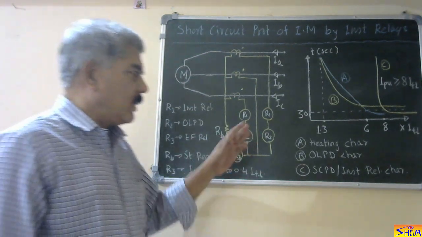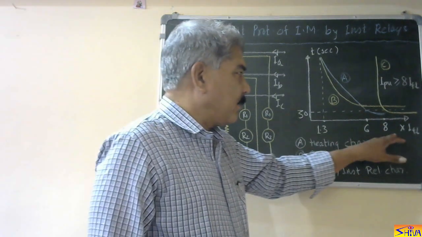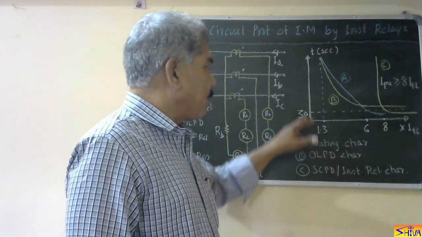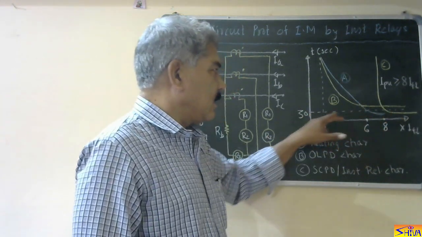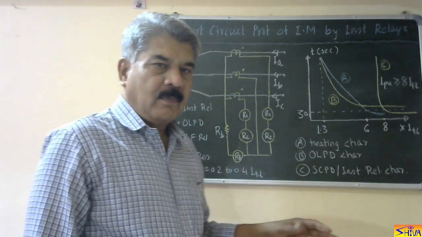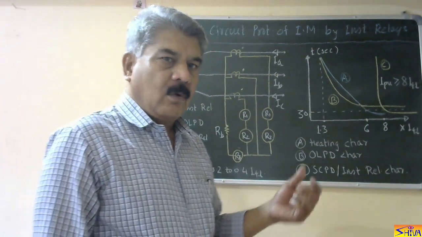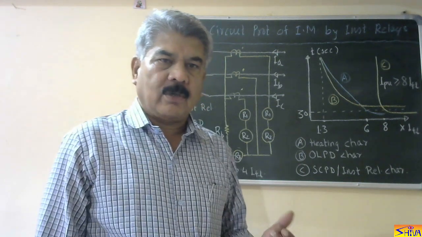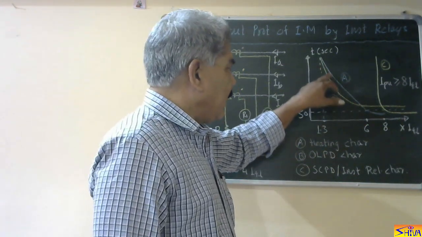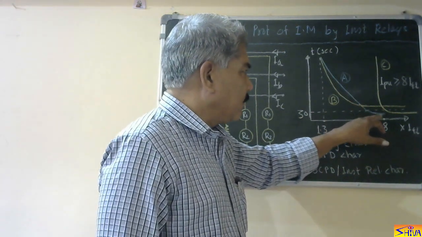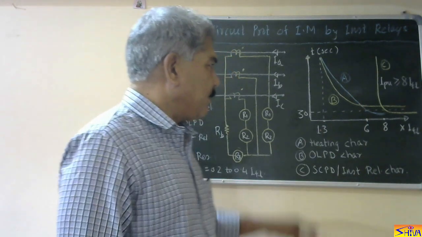Now let us come to the characteristic. For the characteristic, we take multiple of full load current along the x-axis and operating time along the y-axis. The 30 seconds straight line shown dotted shows that starting current flows for 30 seconds, and the overload protective device as well as the short circuit protective device should not trip during this period. Now A represents the heating characteristic of the machine, that is the thermal characteristic of the machine.